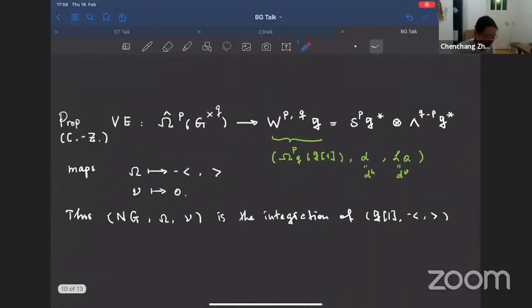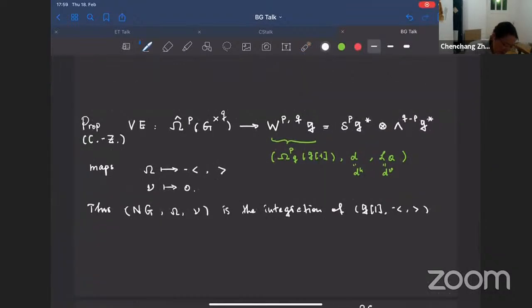Okay, a different way to understand BG. There's another argument. We can do a van Est differentiation of this, from forms on NG to forms on the infinite dimensional picture.